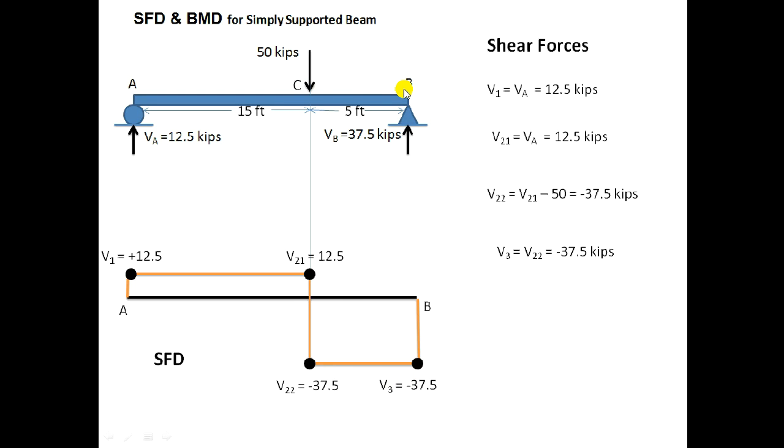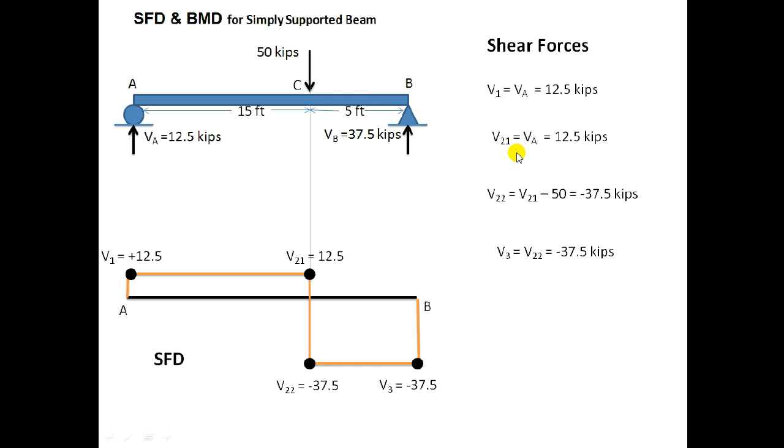From C to B no shear force is changing because no load is acting over here. So the shear force is the same, which is minus 37.5, meaning anti-clockwise shearing is acting in this region. And at B the shear force is VB.